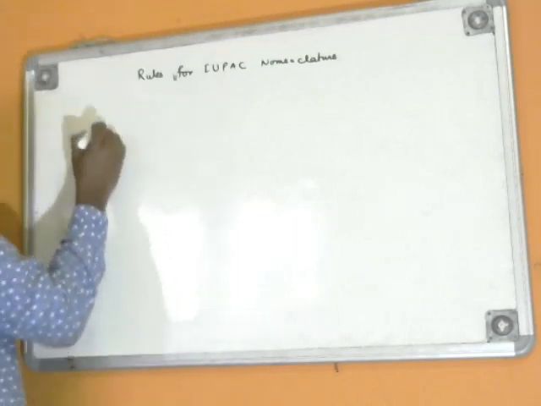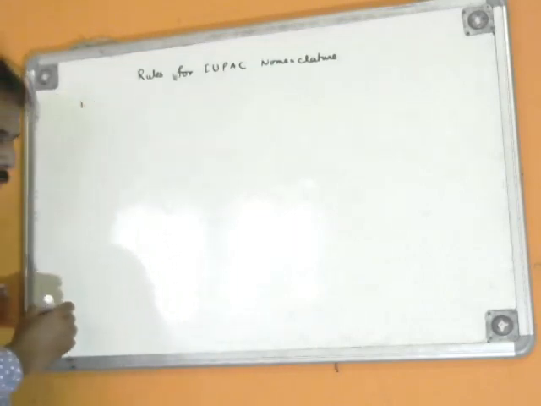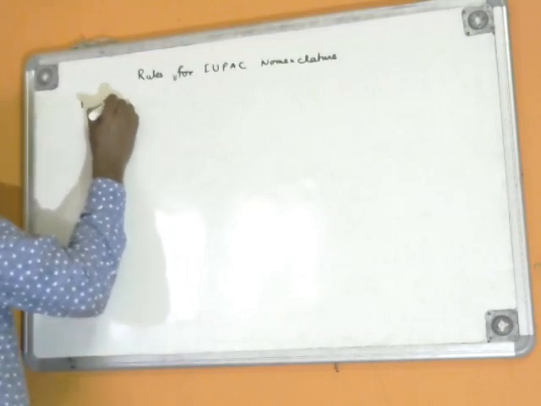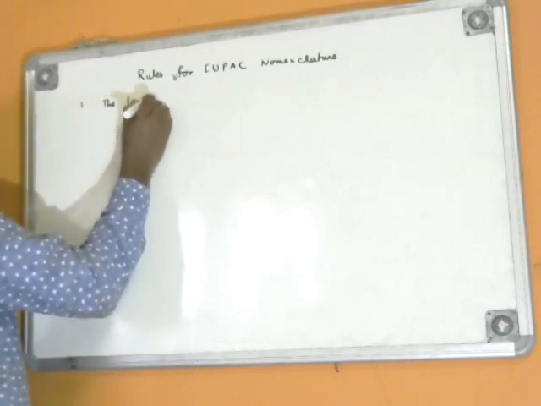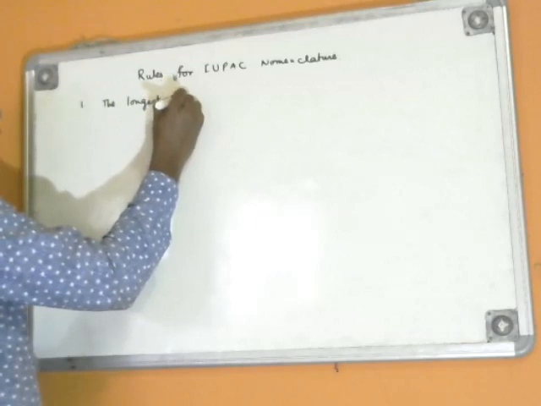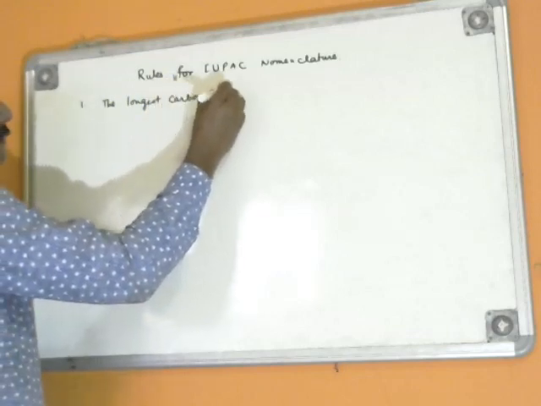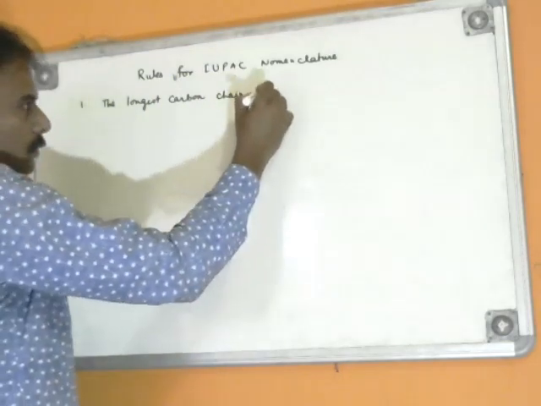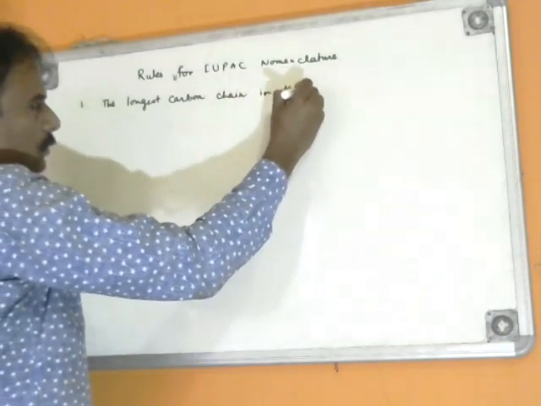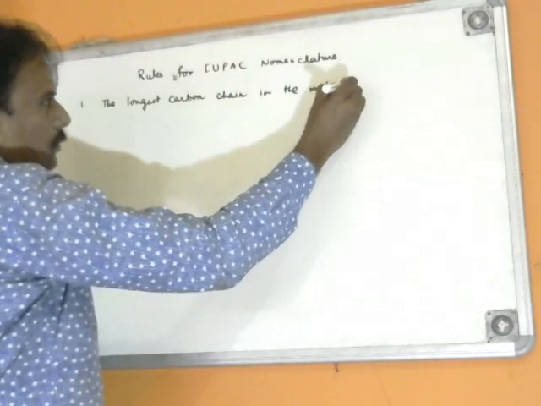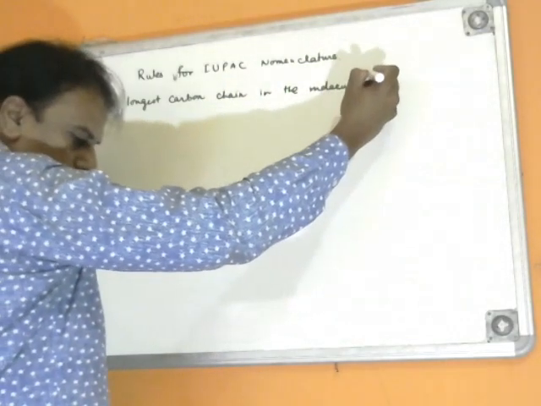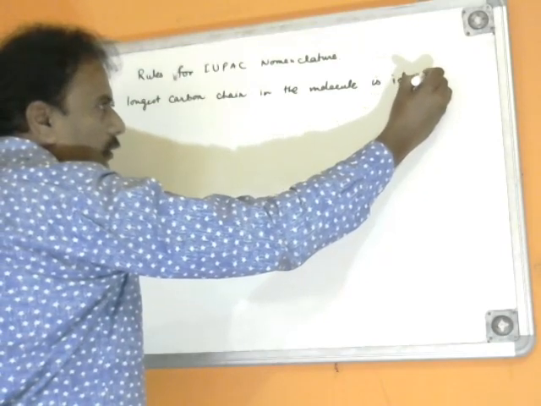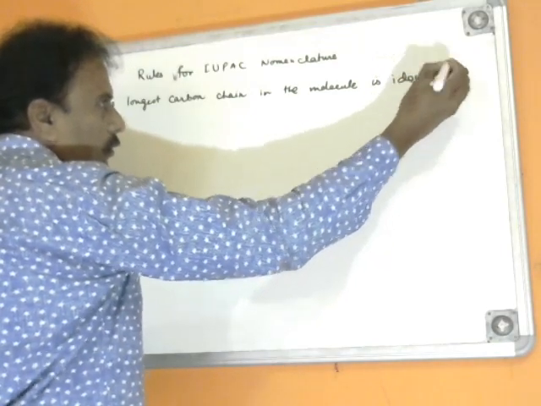First rule is the longest carbon chain in the molecule is identified.